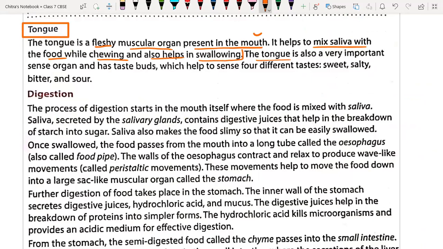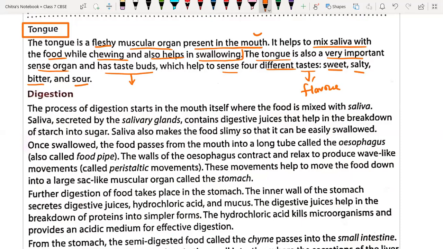The tongue is also a very important sense organ and has taste buds. Taste buds sense different flavors, like sweet, salty, bitter, sour, etc. Understood everyone about the tongue?